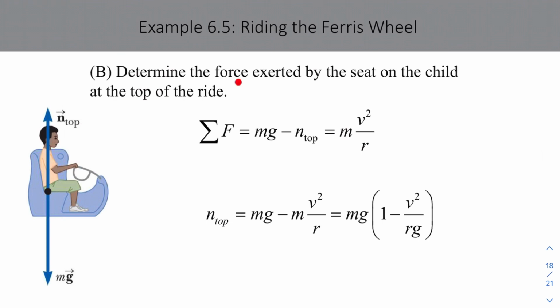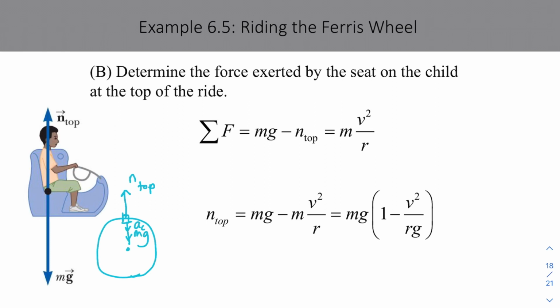B, determine the force exerted by the seat on the child at the top of the ride. When it is at the top of the ride, this is the child, the seat of the child. We have the normal at the top position. We have weight. We have a_c in this direction.